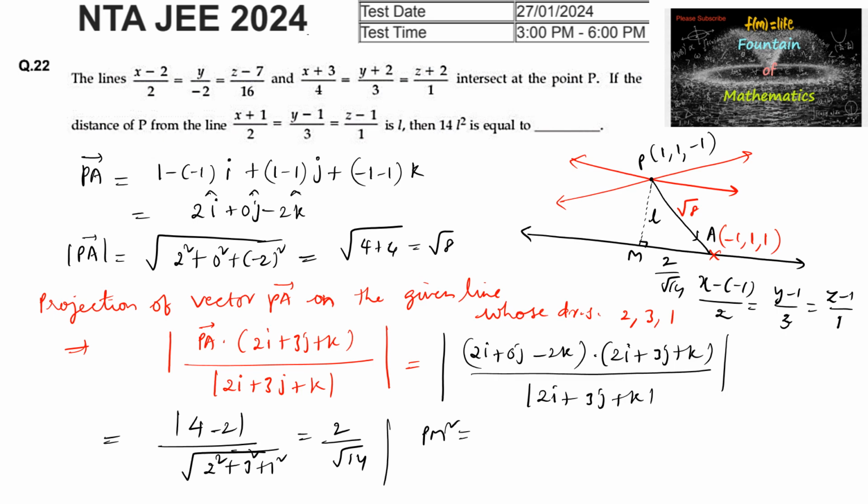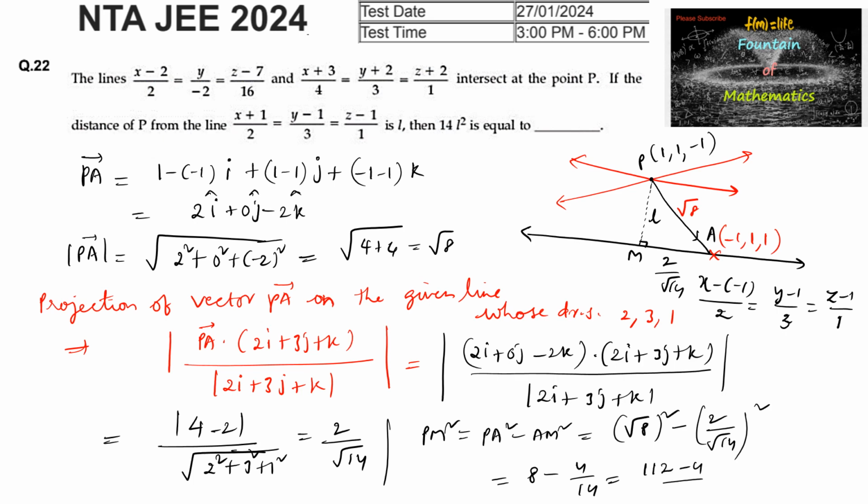And now therefore PM square is equal to PA square minus AM square, which is root 8 whole square minus 2 by root 14 whole square, which is equal to 8 minus 4 by 14, that is 14 8s are 112 minus 4 divided by 14, which is 108 divided by 14.